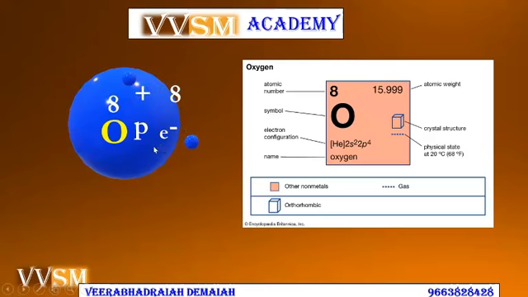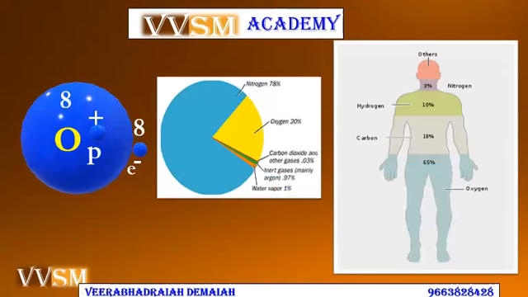Now, let us discuss the importance of oxygen in the human body and other gases, and the atmospheric nitrogen, oxygen and other things in the atmosphere. Nitrogen is 78%, oxygen is 20%, carbon dioxide and other gases 0.3%, etc. Inert gases are 0.97% and water vapor is 1% in the atmosphere.